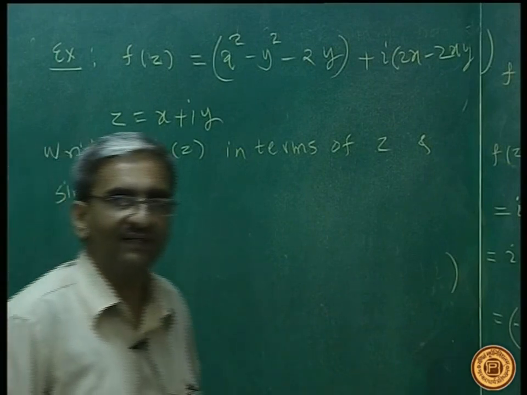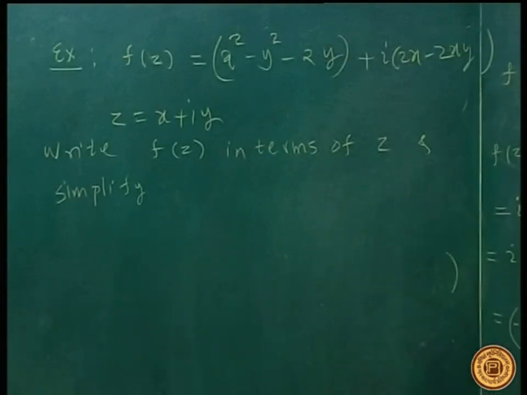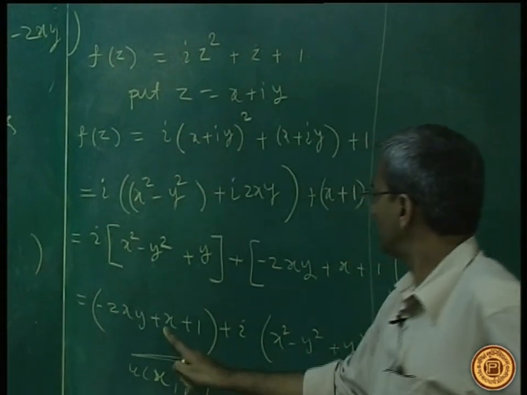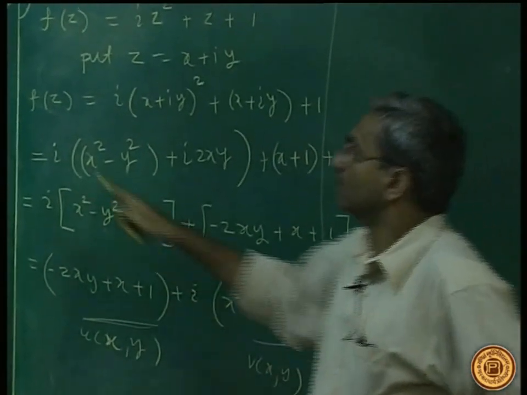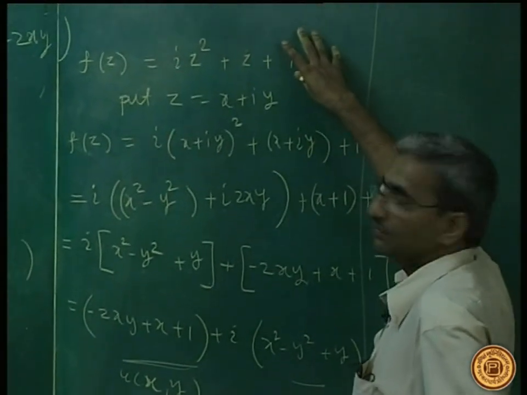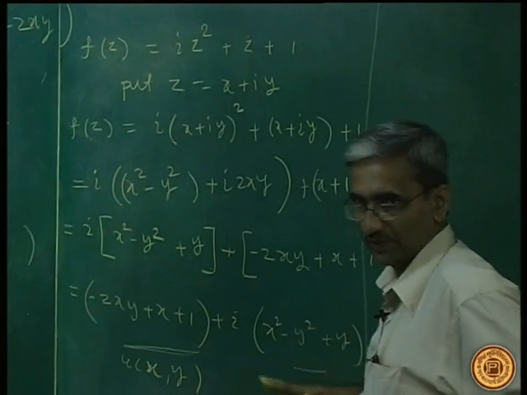How will you recover the symbol z? Think for 1 minute. Some expression like this, this is z, this is purely in z. Do you see this? This is in x, y. Our earlier procedure was starting with a function in z, we got u(x,y), v(x,y).